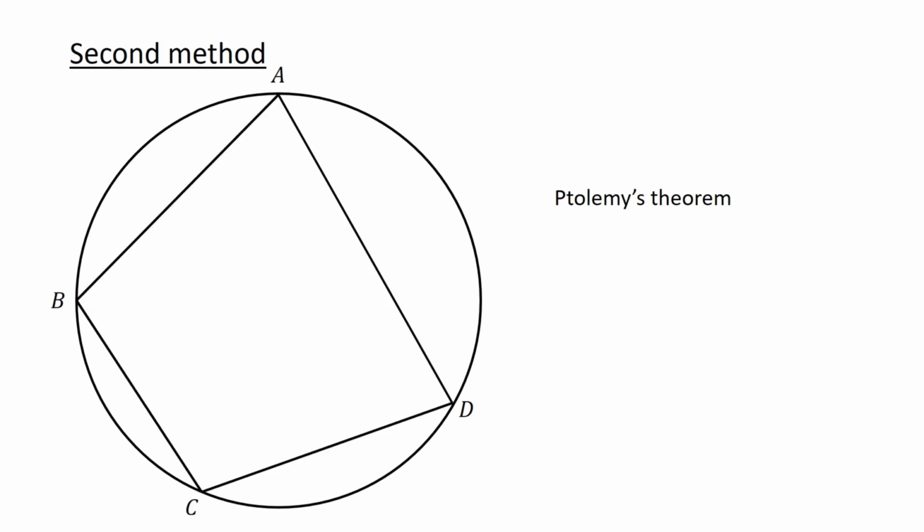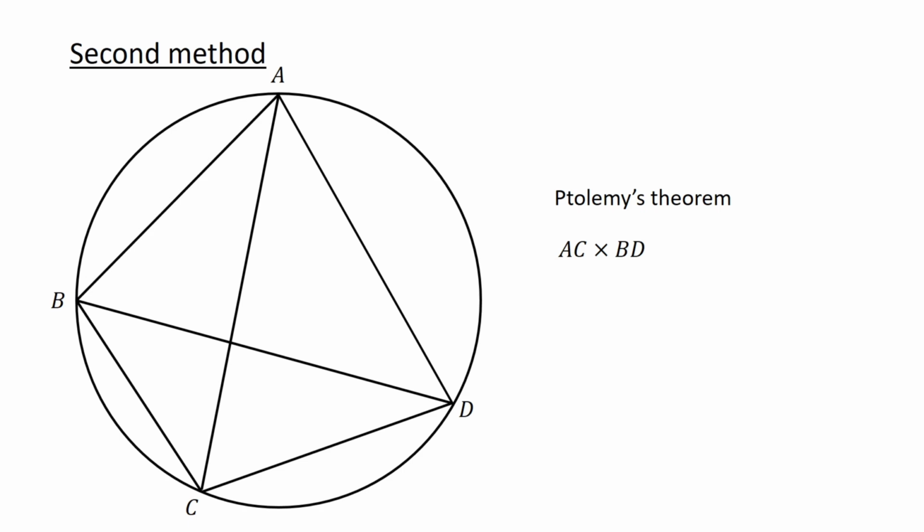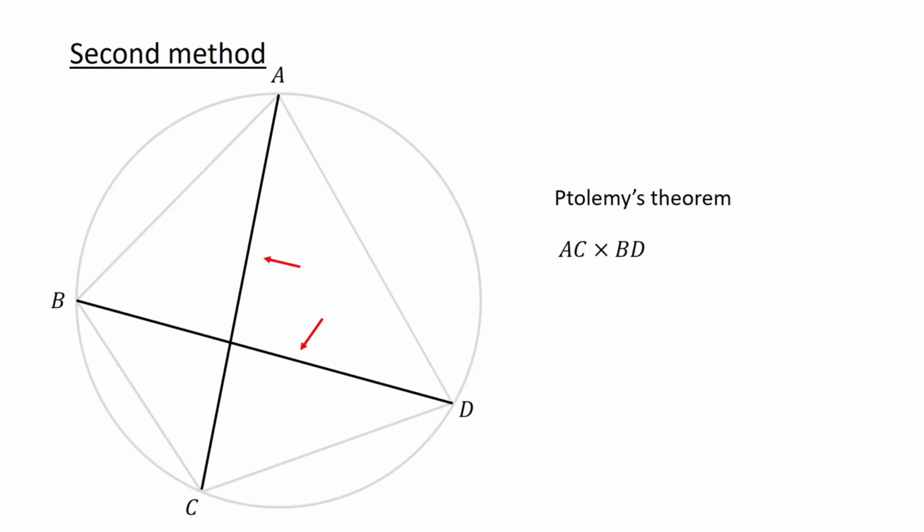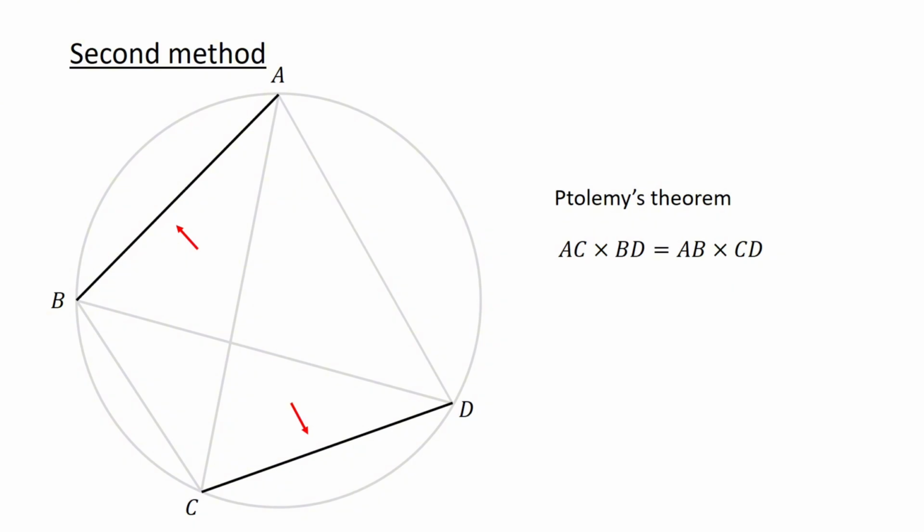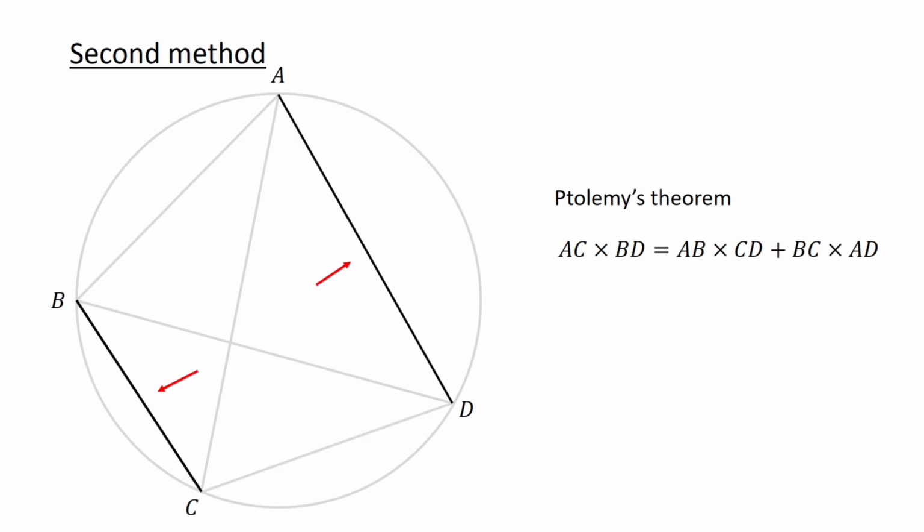Given a cyclic quadrilateral ABCD, if the line segments AC and BD are the diagonals of the quadrilateral, then Ptolemy's theorem states that AC times BD, which is the product of the lengths of the diagonals, equals AB times CD, which is the product of the lengths of this pair of opposite sides, plus BC times AD, which is the product of the lengths of the other pair of opposite sides.